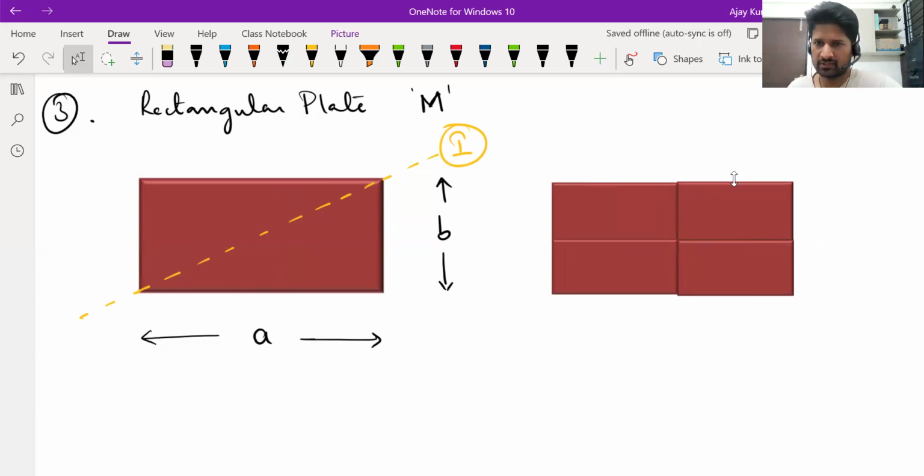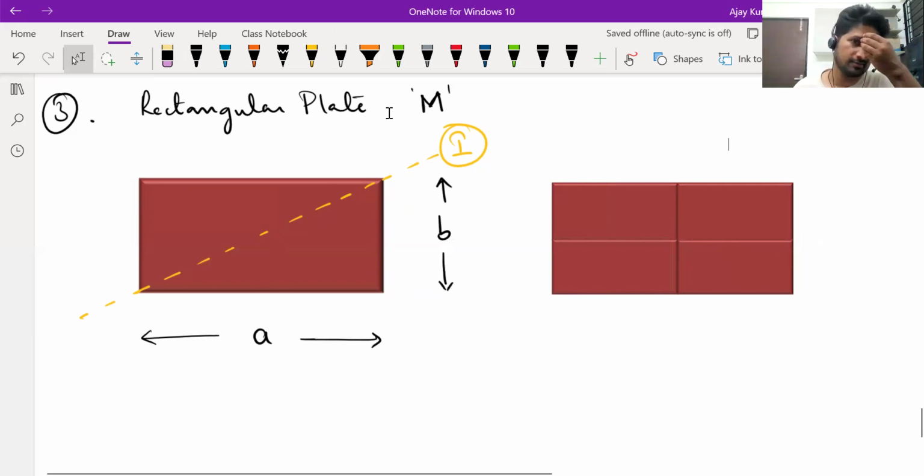Now that is a ratio based question. I by 4. No. I by 4, on what basis did you say I by 4? Because the dimensions are half. Yes. But mass also will be 1/4, no? Small piece will have small mass.